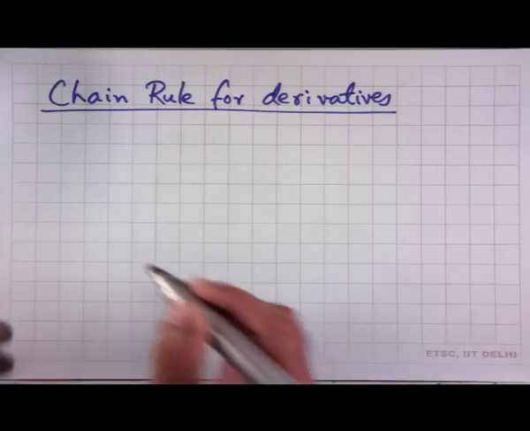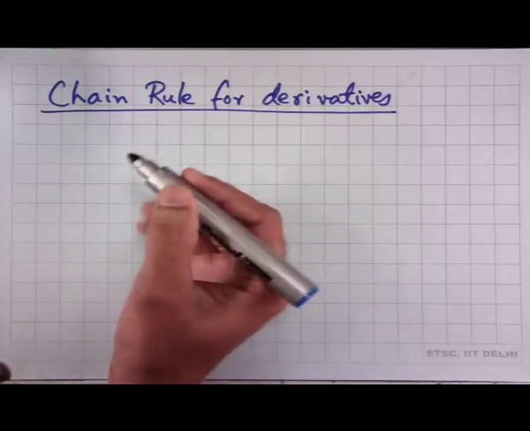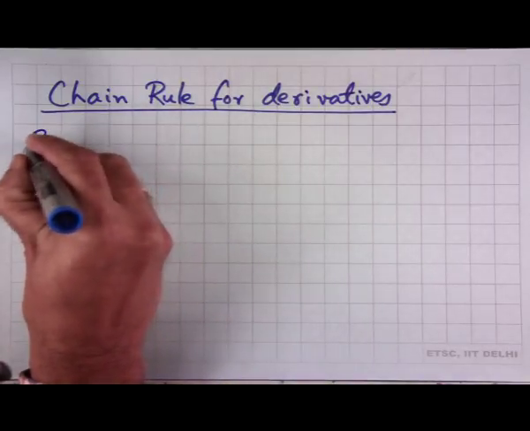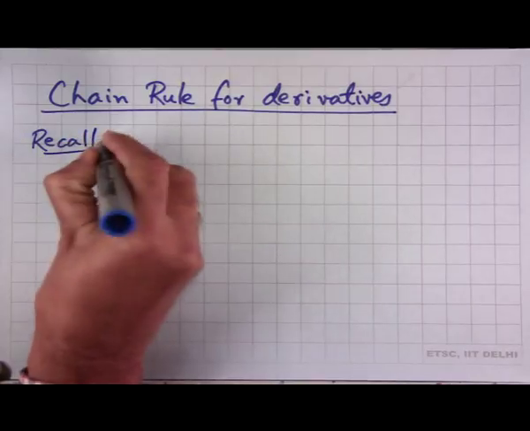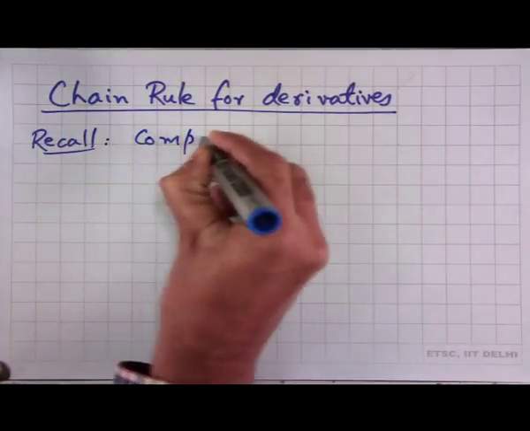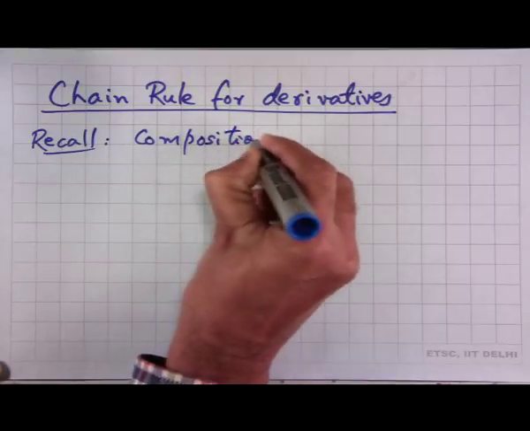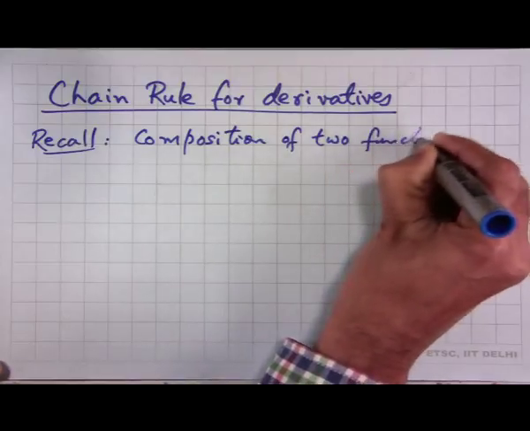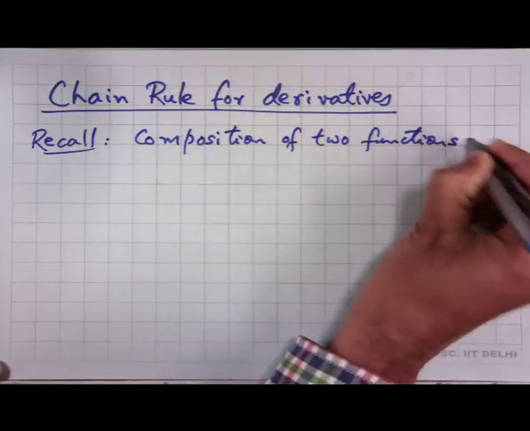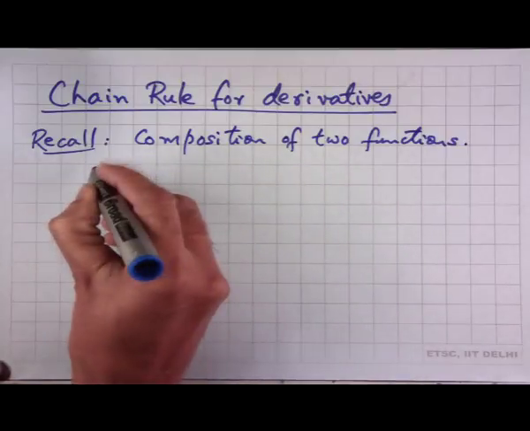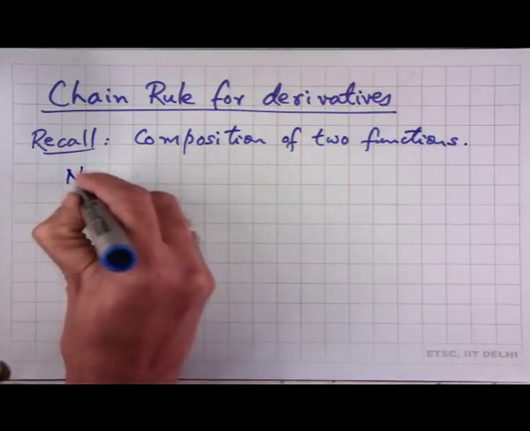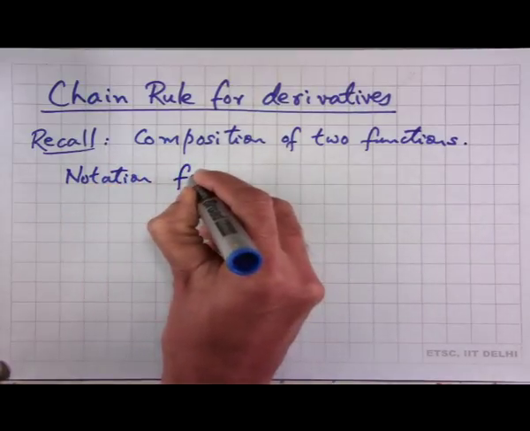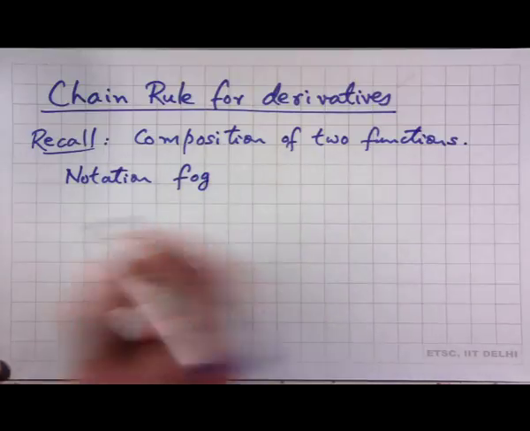So, first of all, let us recall what is composition of two functions. Suppose f and g are two functions, then we denote by f compose g.